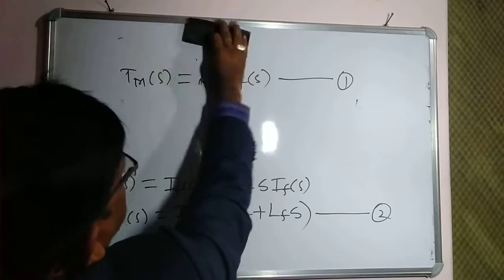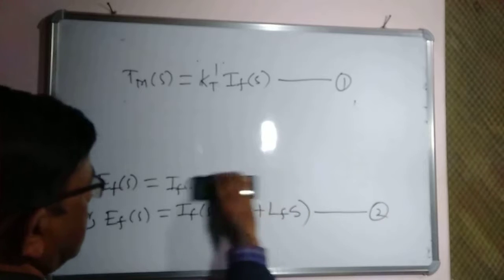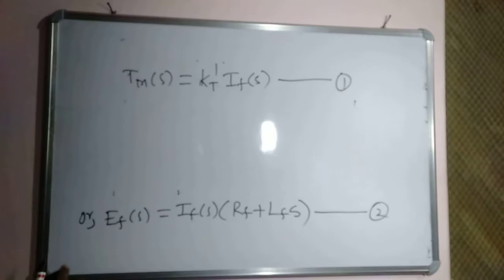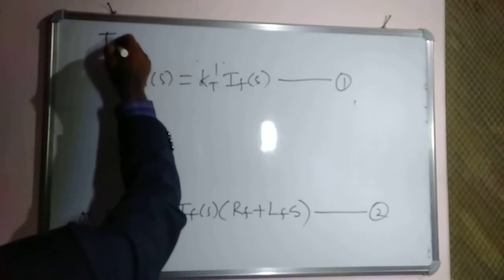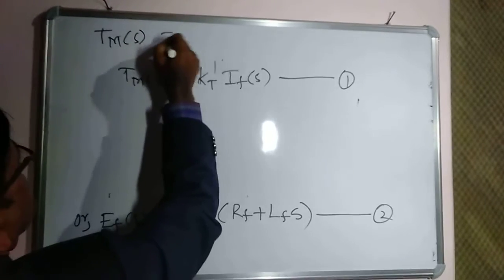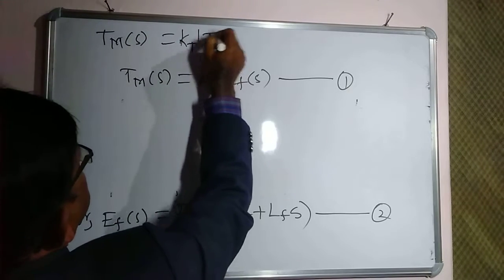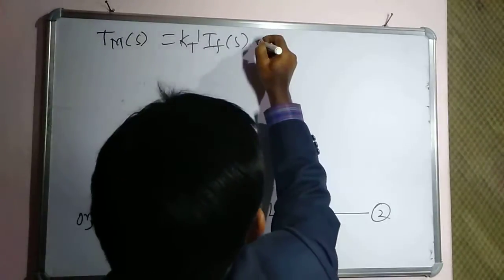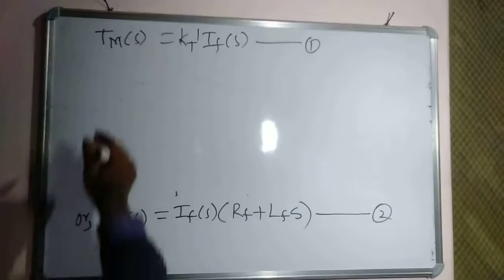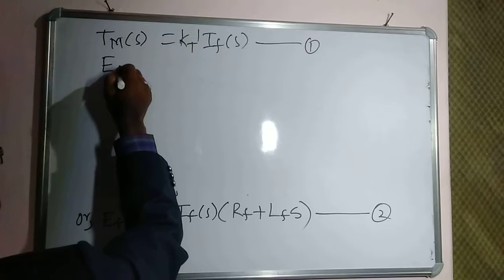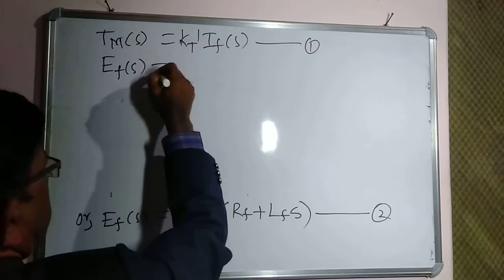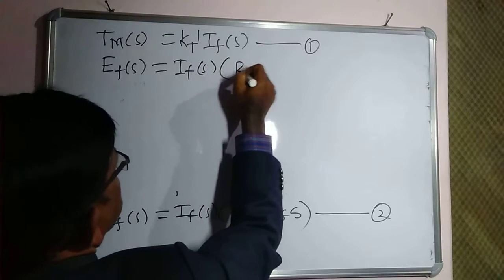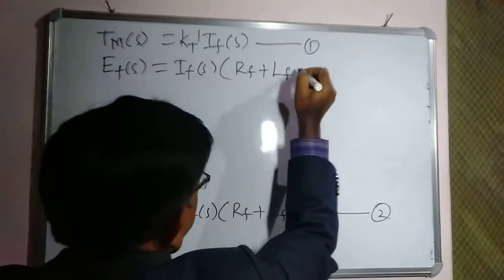This is equation number 1, that is Tm of s is equal to Kt dash If of s, and this is equation number 2, Ef of s is equal to If of s into Rf plus Lf s.